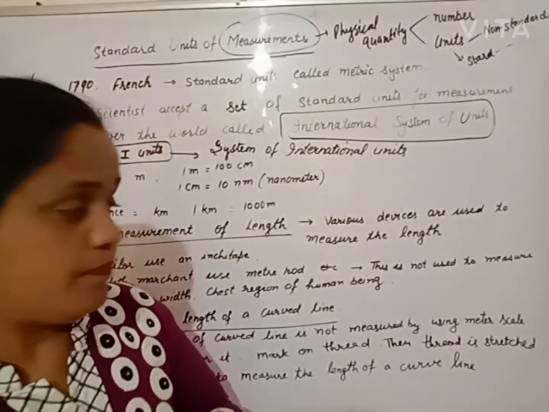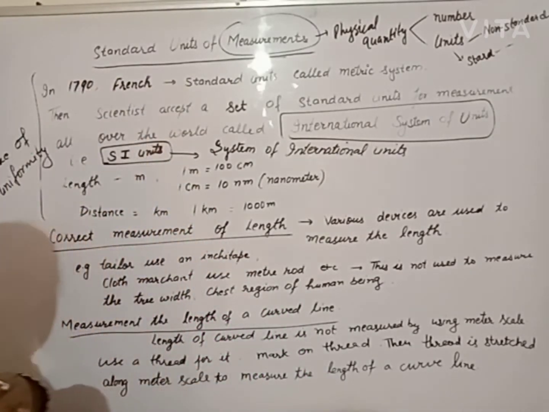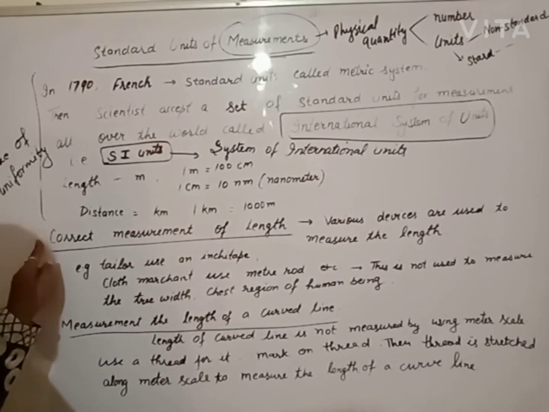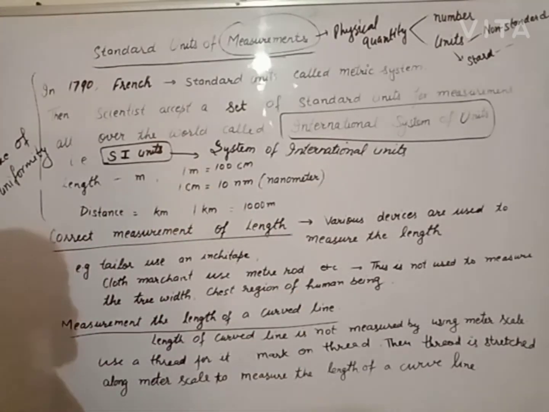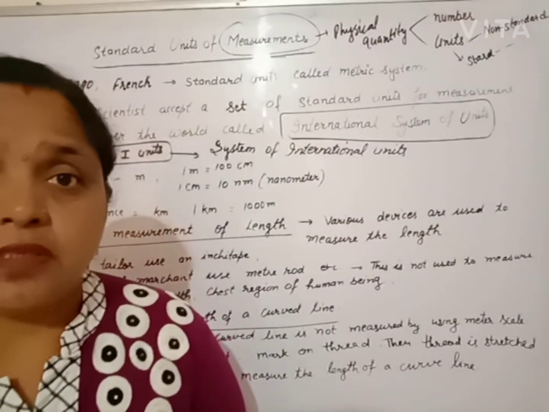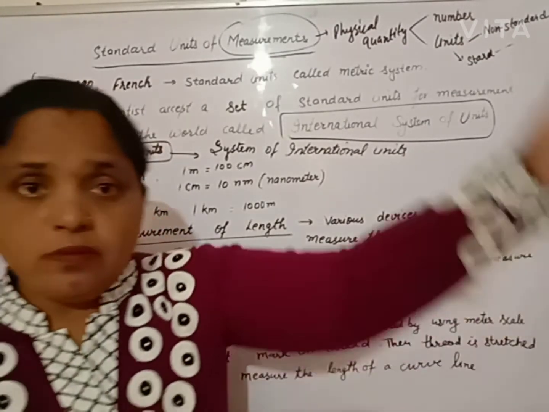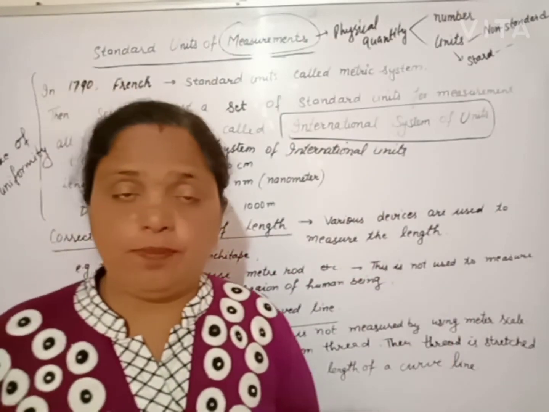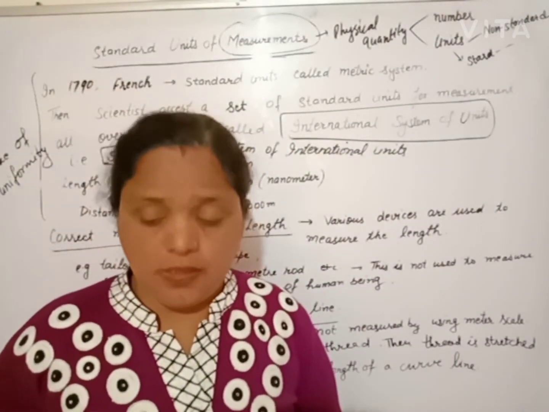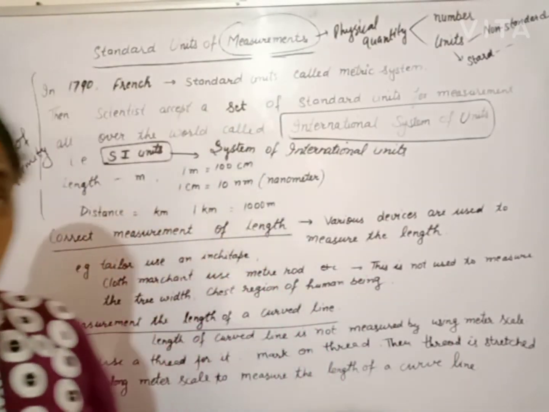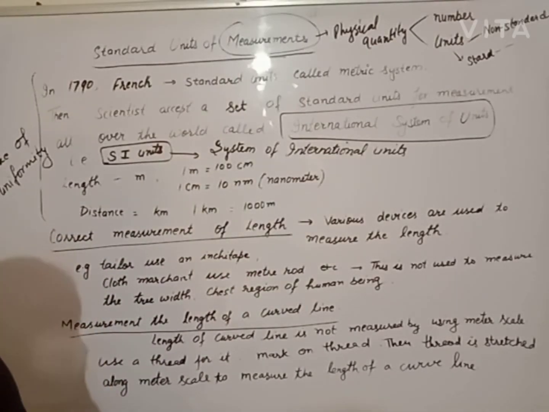It is okay. Clear? In most cases, inch tape is the standard device because to measure a straight line, a curve or a circle, inch tape is used. In this way, the correct measurement of length is done.